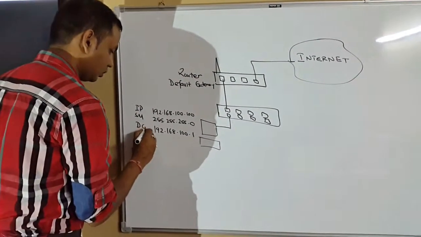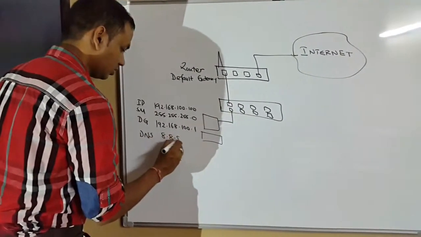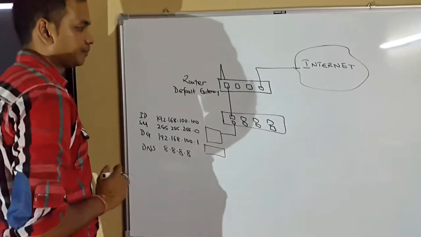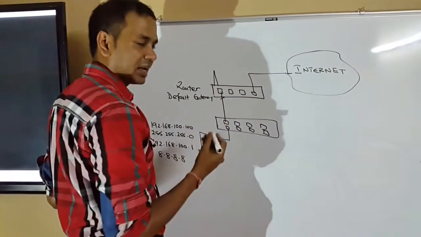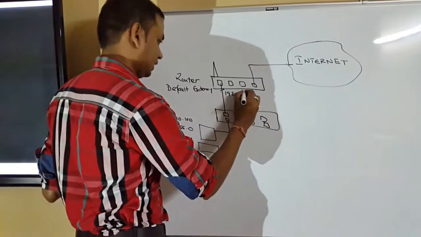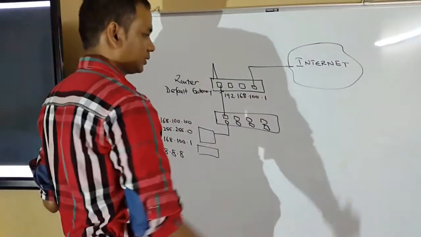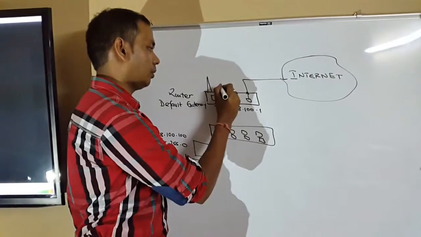That's your default gateway. The DNS is 8.8.8.8. Okay. The internal private IP address of my router is 192.168.100.1. I have a public IP address as well here on my router, public IP address.